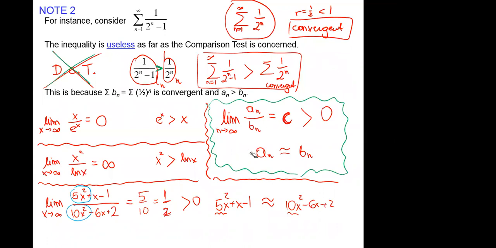If I'm getting this, I know that both of them behave the same. If this is divergent, this diverges. If this is convergent, this converges, because they have to behave the same if we're getting a finite number. And this is actually the limit comparison test.